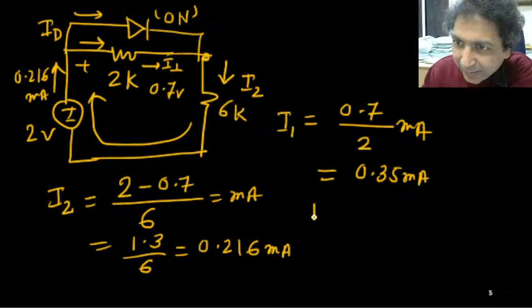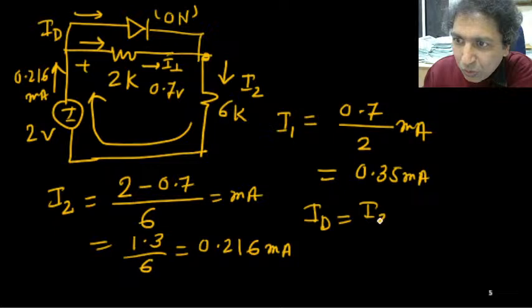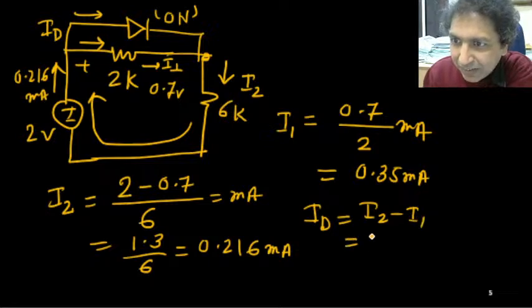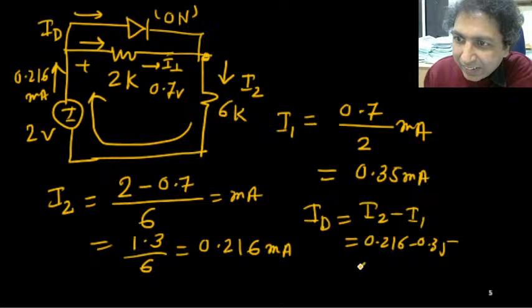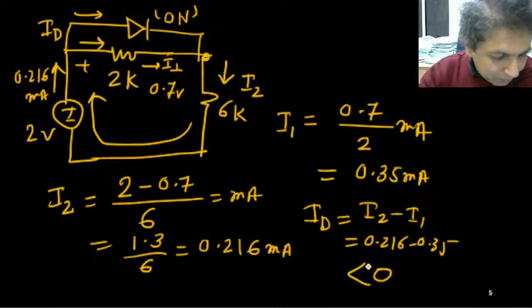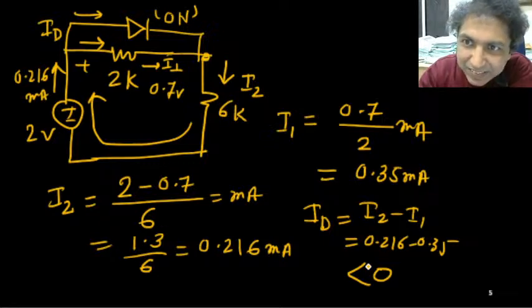So what is ID? ID is simply I2 minus I1. In this case 0.216 minus 0.35, and that is negative, right?